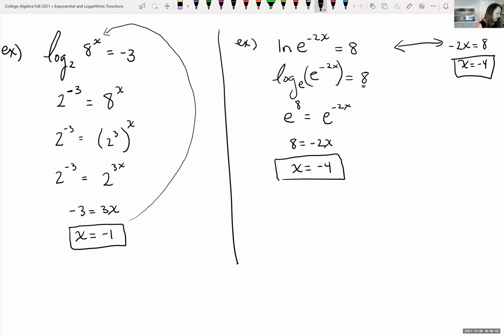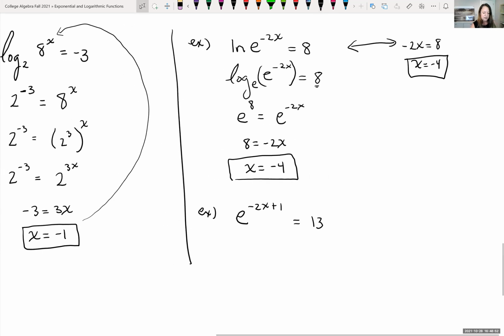One more. Let's say we started instead with an exponential again. So e raised to the negative 2x plus 1 equals 13. So I can't manipulate e and 13 to be the same base.